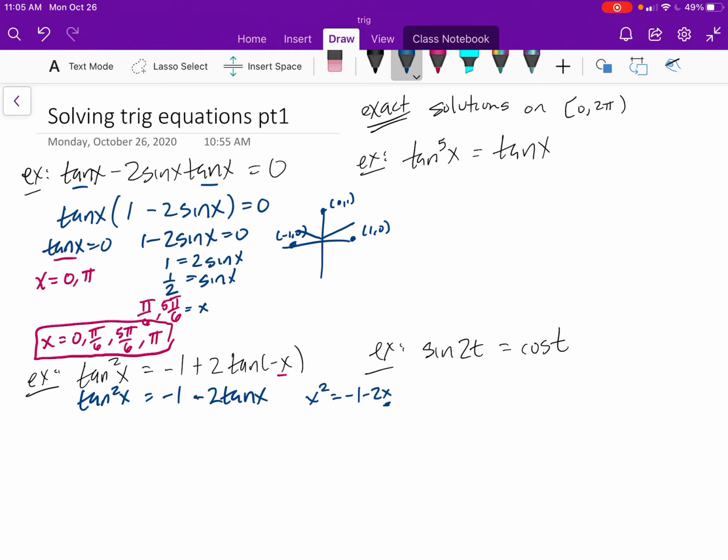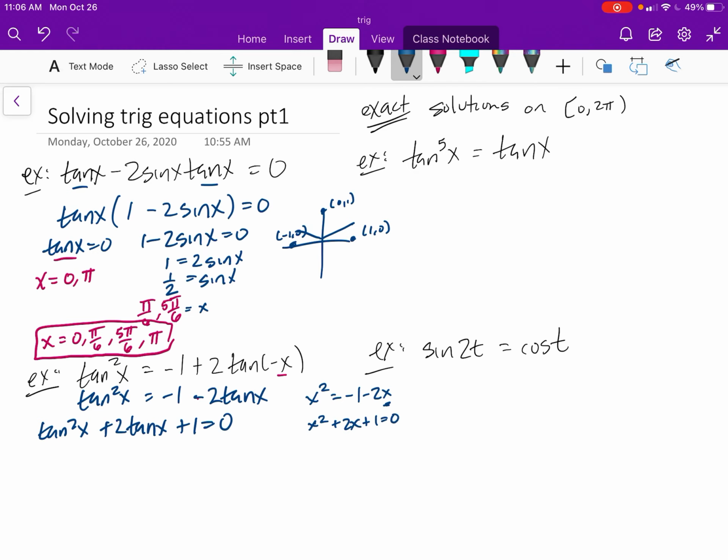Before solving this, I can't just divide tangent out. I want everything on the left-hand side. I'm going to add 2 tan x and add the 1. Just like this x squared, that's what we would do. And then I would factor.